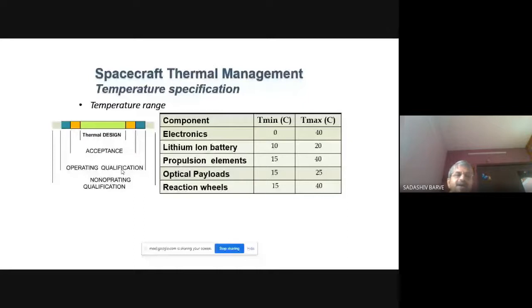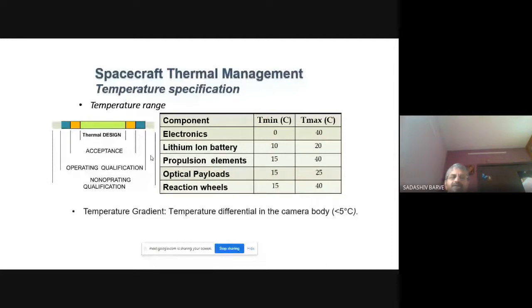On top of that, we add another 5 degrees to take care of the fact that any new package developed will be totally new to the design. So for that purpose, an additional operating qualification temperature level, they add another 5 degrees for qualification purposes.